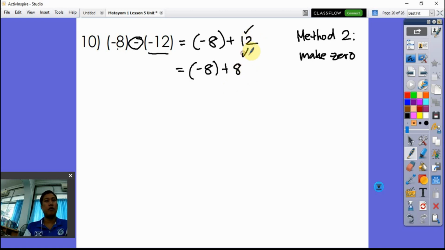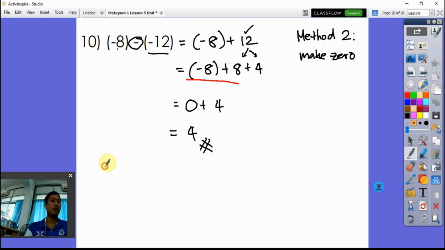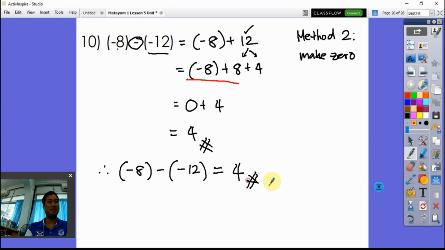This 12 will become 8 and 4. Now we add the opposites here. -8 plus 8 is equal to 0 plus 4 is equal to +4. So if you're writing the final answer, it will look like this. -8 minus -12 is equal to 4. Okay, very easy.